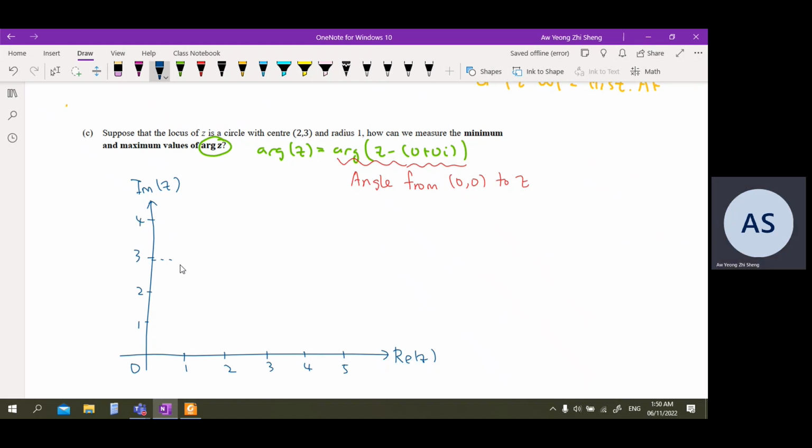Okay, 2, 3. It's here, and radius 1. So I will need a point on the left, a point on the right, a point above, a point below.